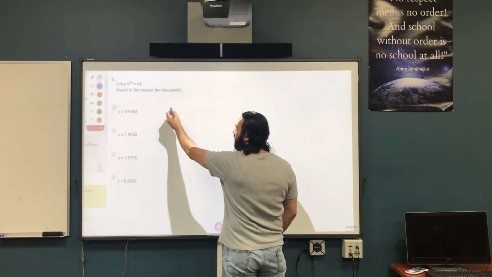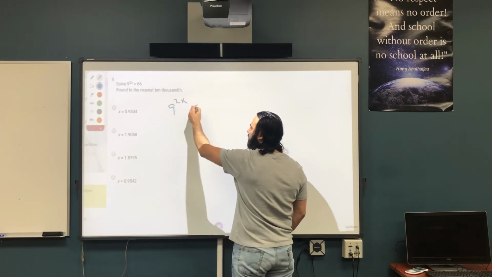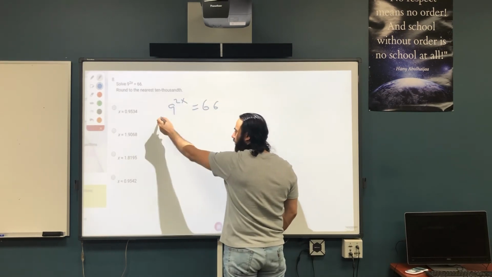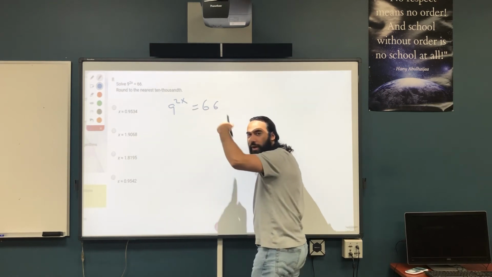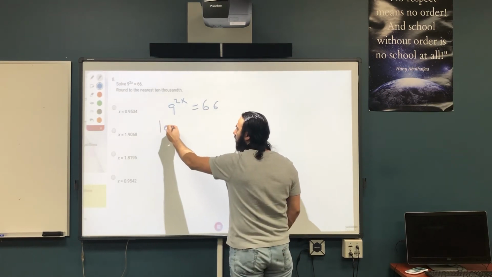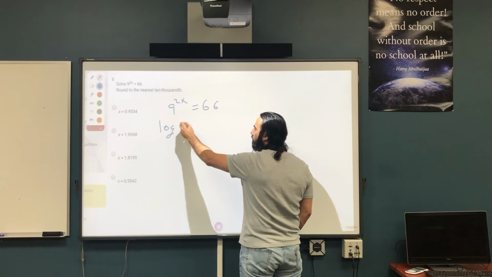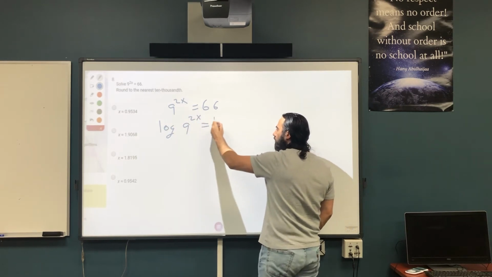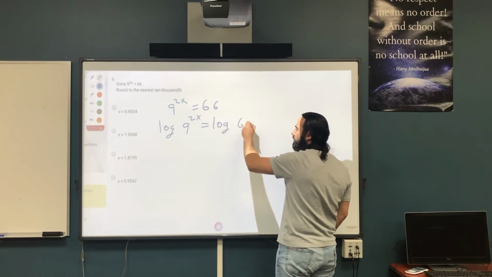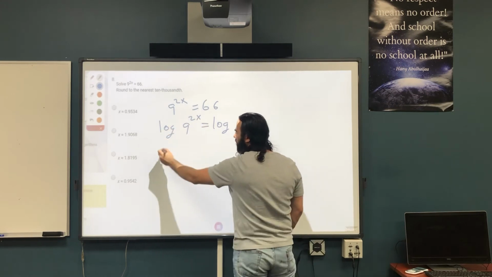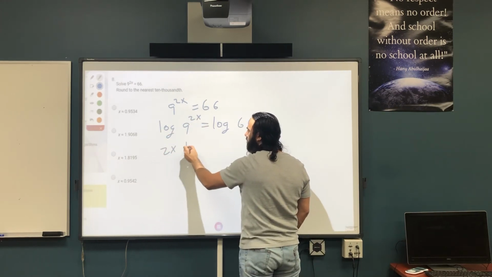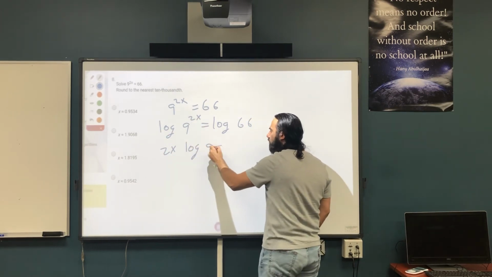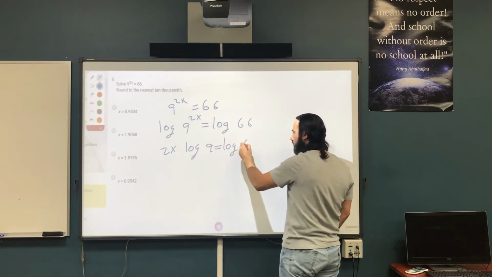So we have 9 to the power of 2x equals 66. We need to drag down 2x. The way we drag it down is by putting log on both sides. So it's going to be log 66. Now we drag down the 2x, so it's going to be 2x times log 9 equals log 66.